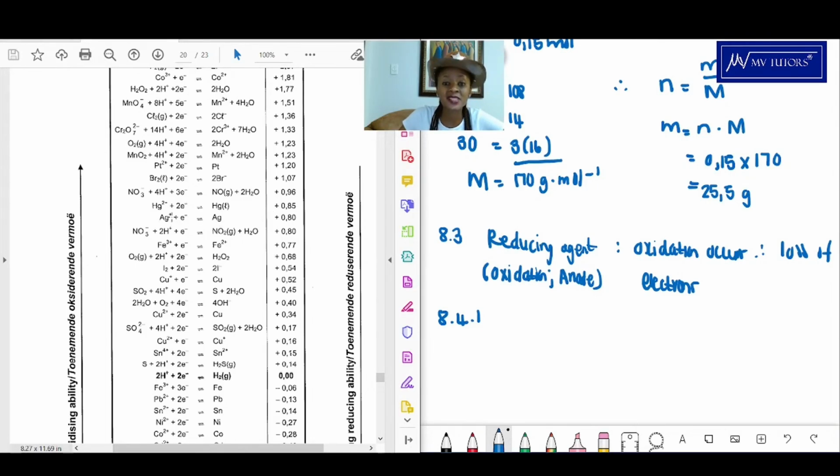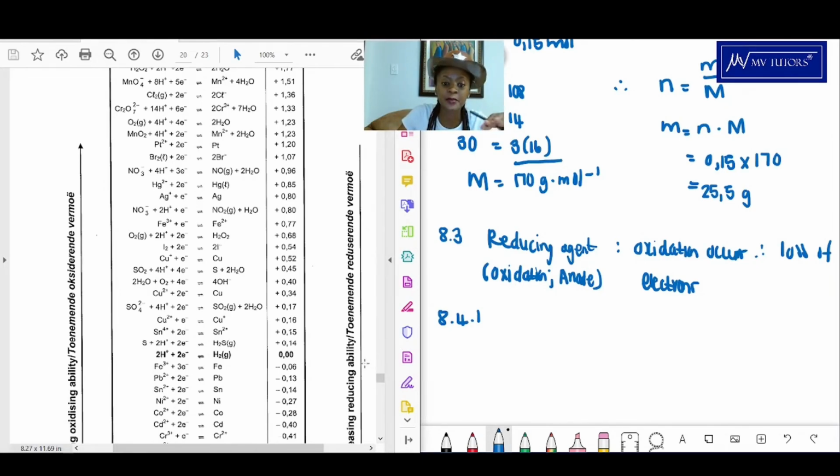So silver oxidizes better, and no, cancel that, because going down, reducing ability, reducing agent. So silver, yeah, it's on top, but copper 2, now I've lost it, there it is. So copper 2 has a better reducing agent, if I could say.